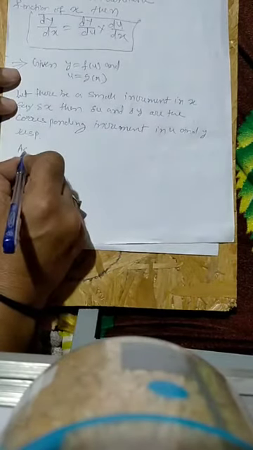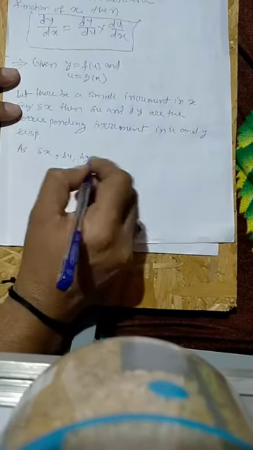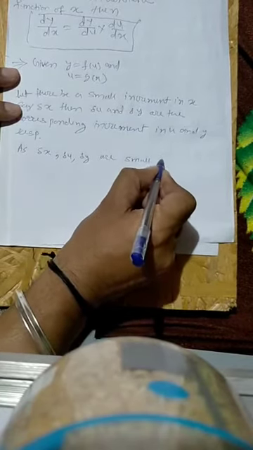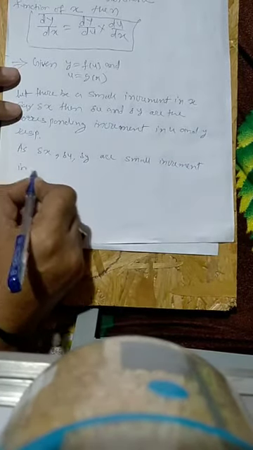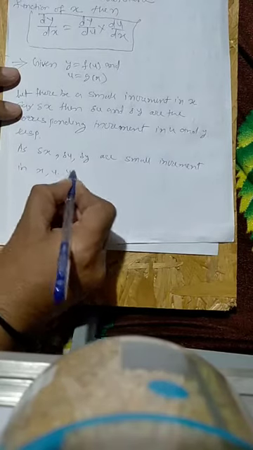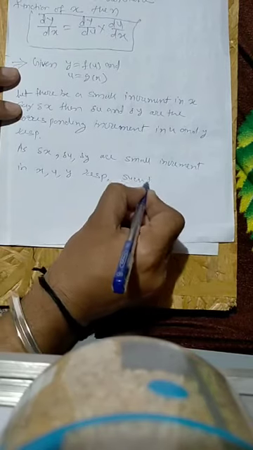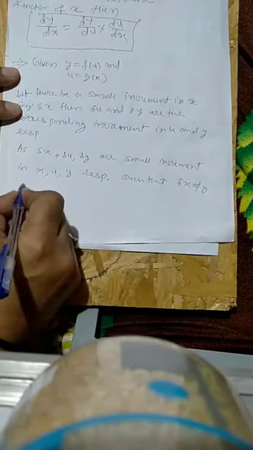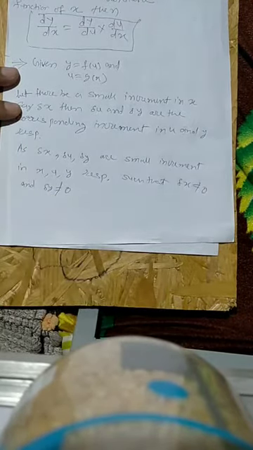Now here delta x, delta u, delta y are small increments in x, u, y respectively, such that delta x is not equal to 0 and delta y is not equal to 0.